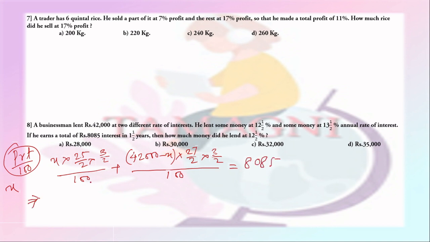Now we shall divide on both the sides by 100 into 4 by 3.